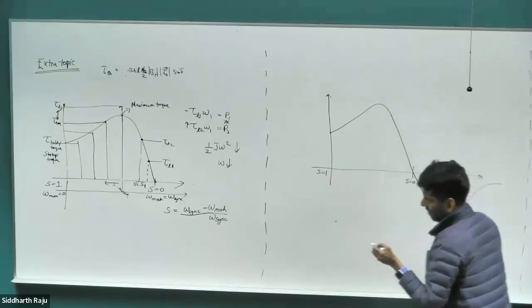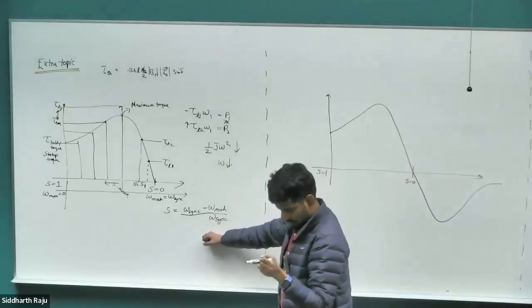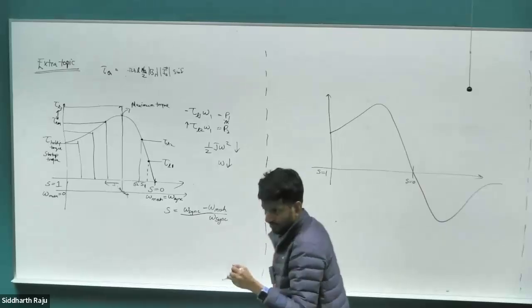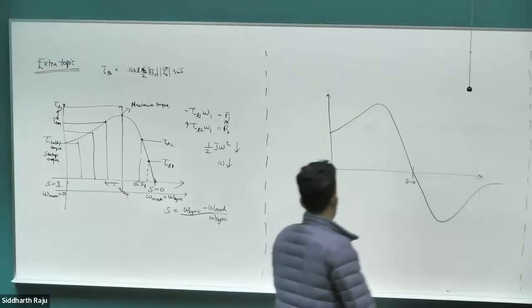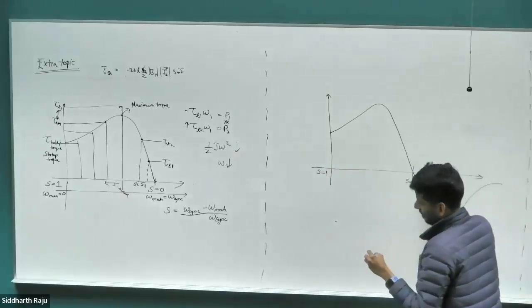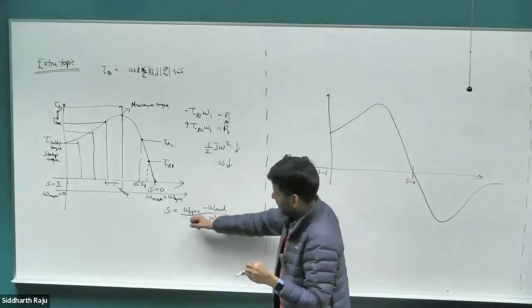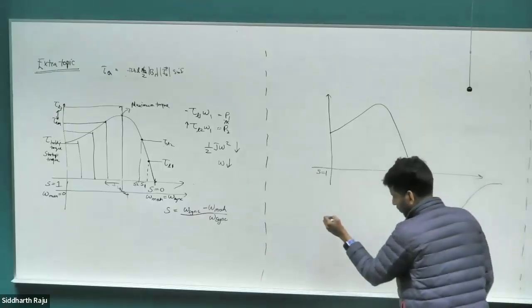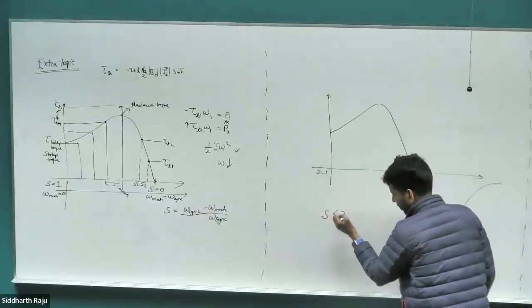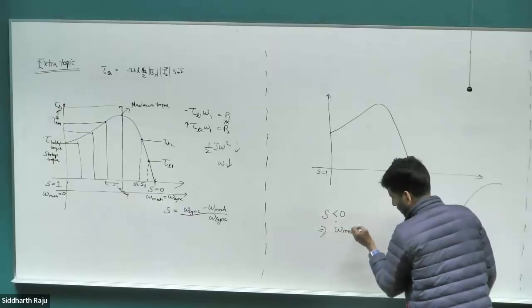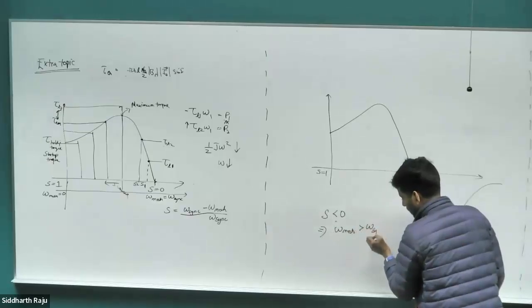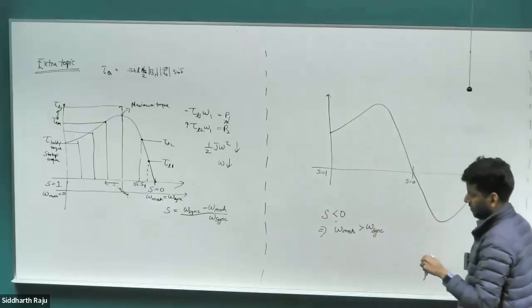That means, going back to our expression here, our mechanical system is rotating faster than the synchronous speed. So if slip is less than 0, that implies omega mech is greater than omega synchronous.